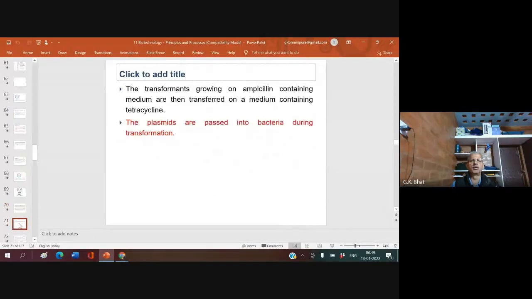Now, the transformants growing on ampicillin containing medium are then transferred to a medium containing tetracycline. What will happen to that? If they are transferred to tetracycline medium, what will happen?